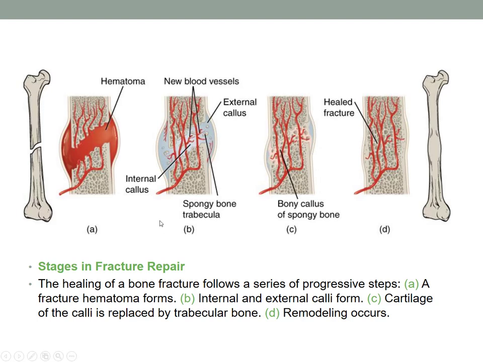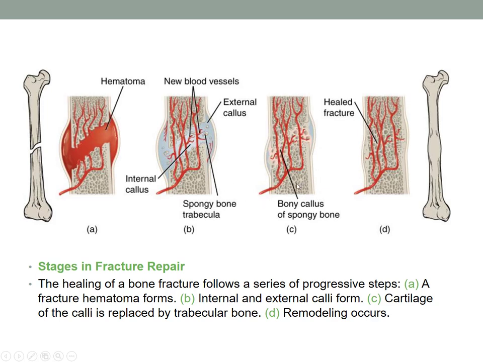As time goes by, the bone forms an internal and external callus, which is a protective healing mechanism. The blood from that hematoma will be reabsorbed into the tissue and into the bone. And then you start to form the bony structure.